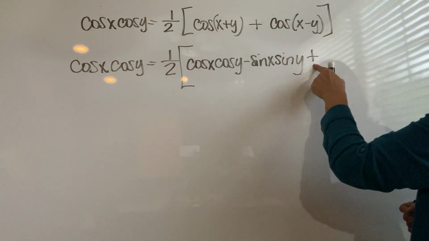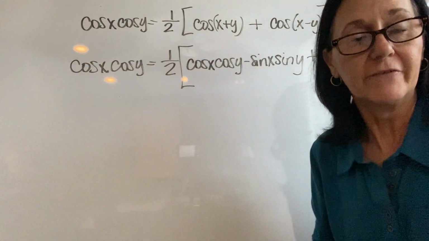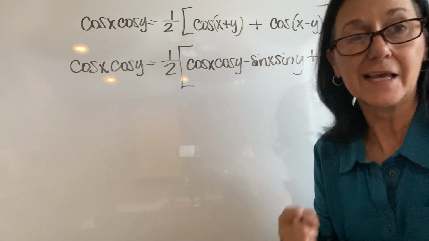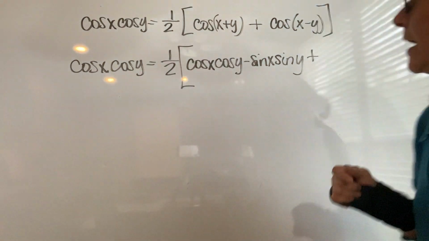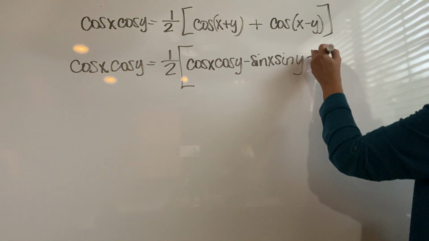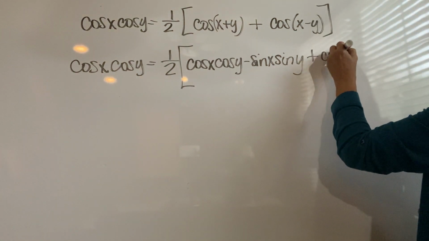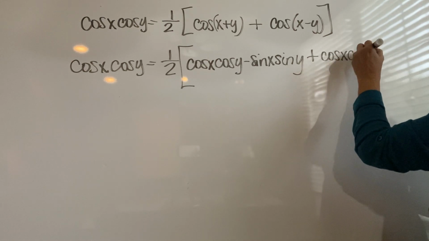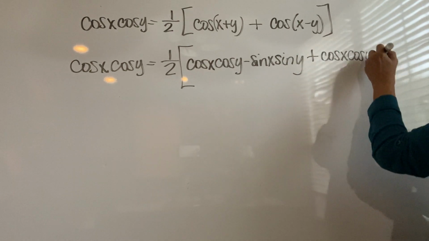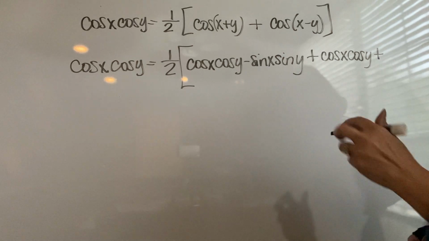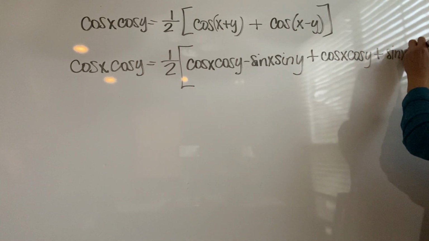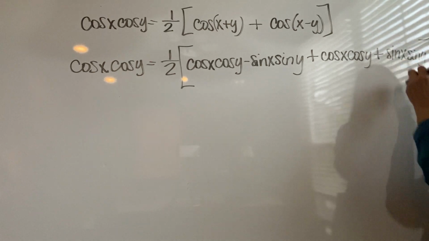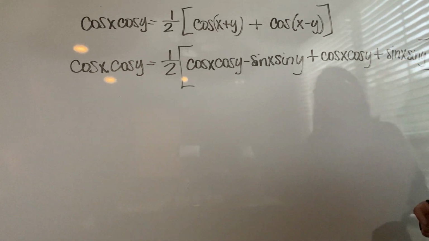But because it's a plus, I don't have to open a parentheses. If it were minus, I'd open the parentheses and I would distribute that negative to every term in what I'm about to write. But it's not. So it's the cosine x, cosine y minus is plus sine x sine y.